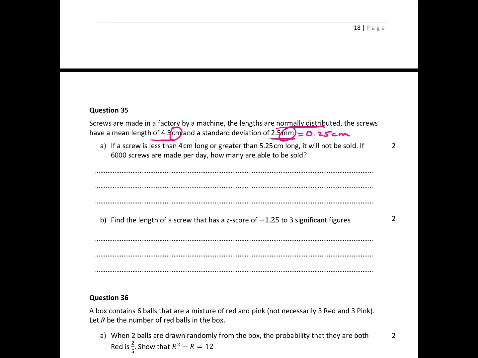If a screw, part A, if a screw is less than 4 centimeters long or greater than 5.25 centimeters long, it will not be sold. If 6,000 screws are made a day, how many are able to be sold? So let's first start by drawing our normal distribution curve, where I've got my average is 4.5 and I'm going up by 0.25. So this is 4.75, 5.25, 4.25, 4, 3.75.